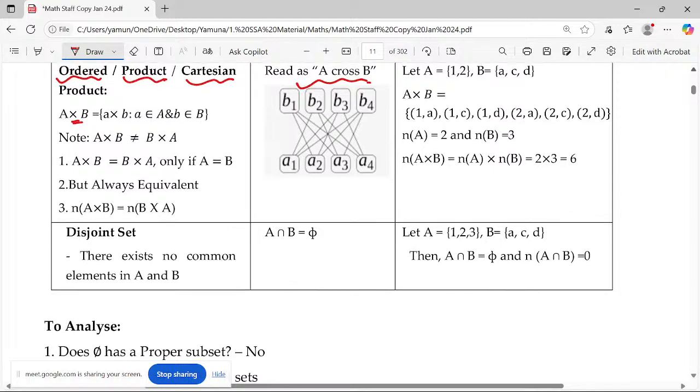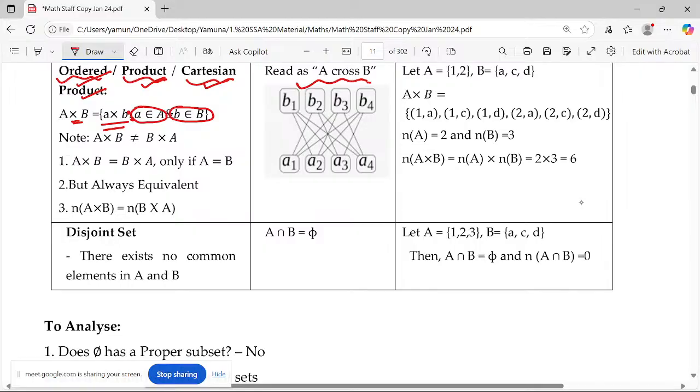Over here, it will be represented as A cross B such that a belongs to A and b belongs to B. See, the name is ordered, so it should go in order only. It is called a product, or we call this a Cartesian product because it's not a normal product. Normal product means the multiplication, the cross symbol. Here we are using the operation on sets.